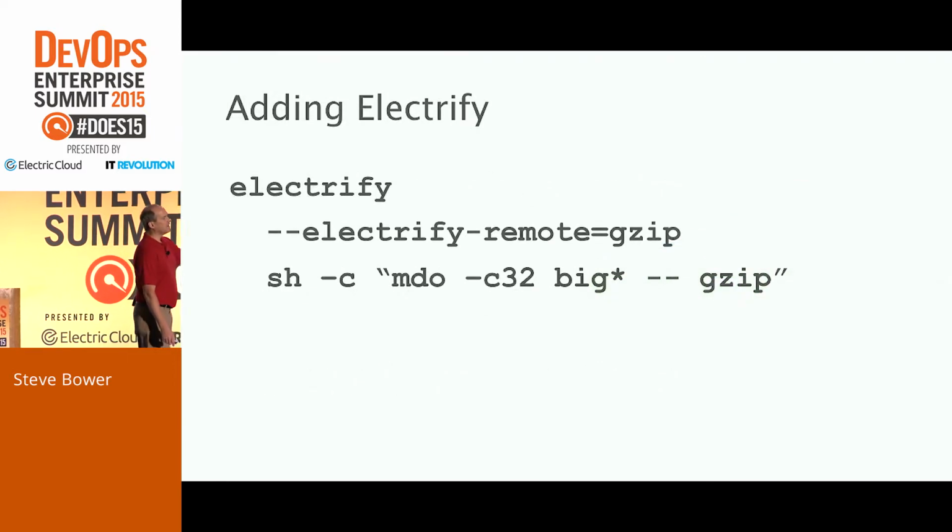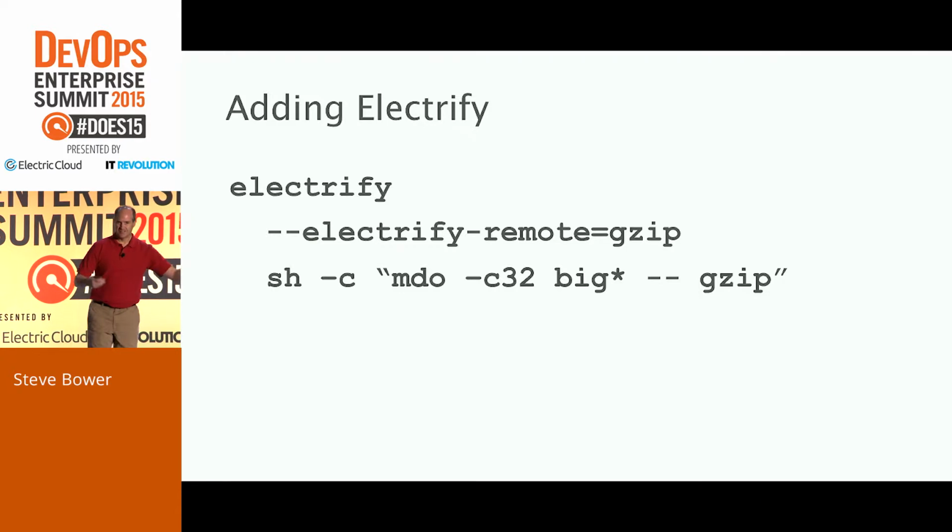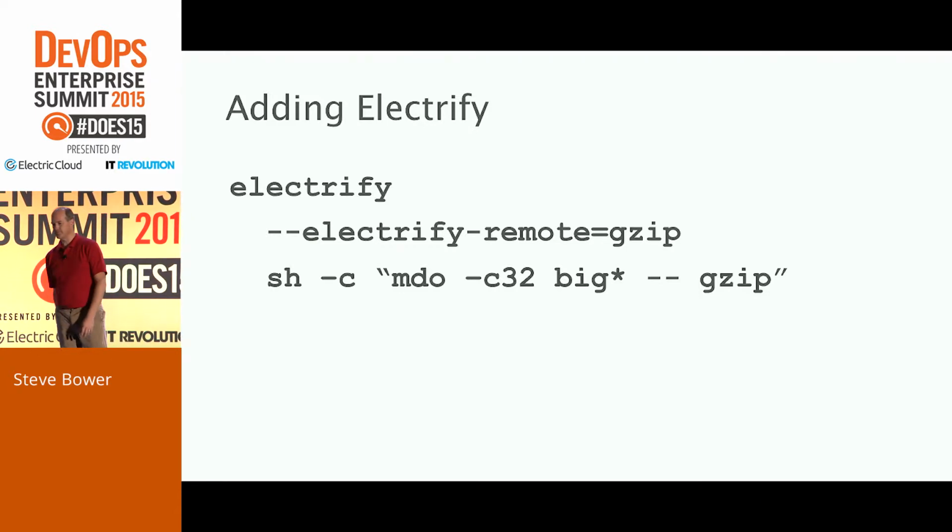So we have Electrify. We have this little parallelization capability. Let's throw them together. This is a way that you might use Electrify to take these gzip commands and put them out onto the cluster. And the exact arguments, I'm pretty sure this is correct.